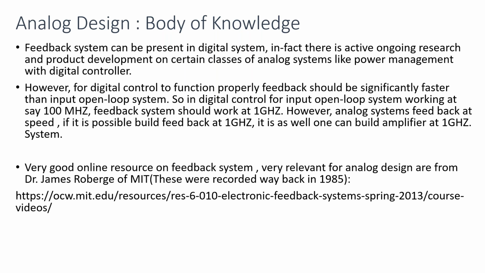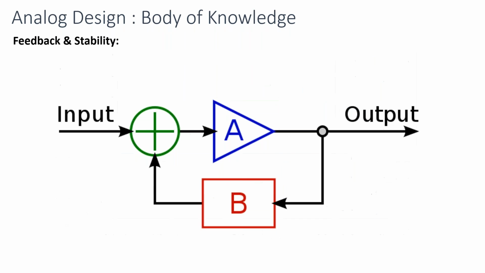But digital control is workable where the input signal, or the thing you are trying to control, moves very slowly compared to your controller. For a digital system to work, the input should be much slower than your feedback loop.